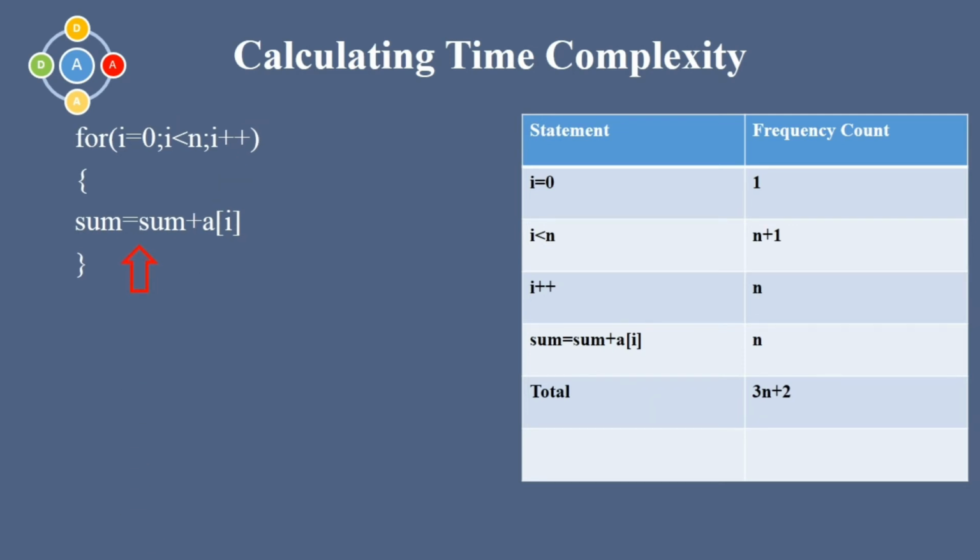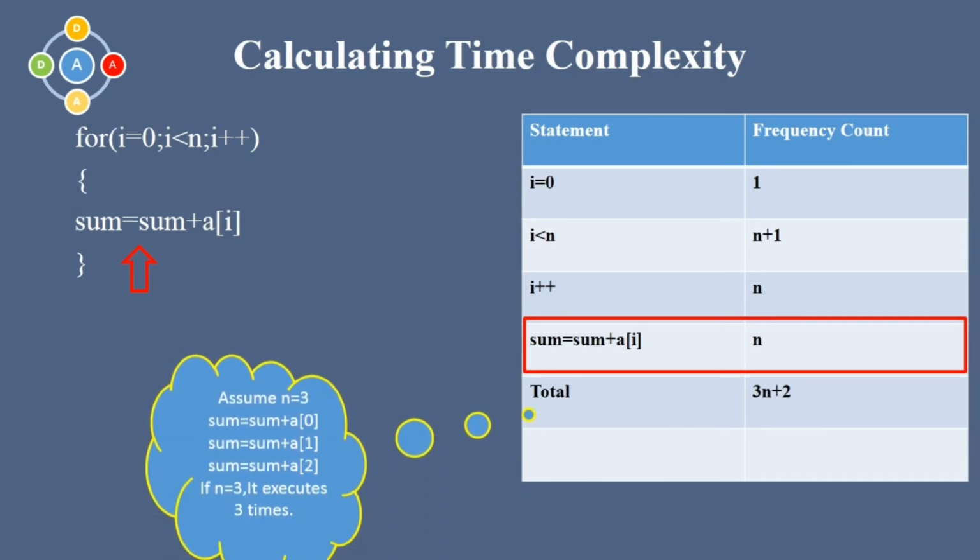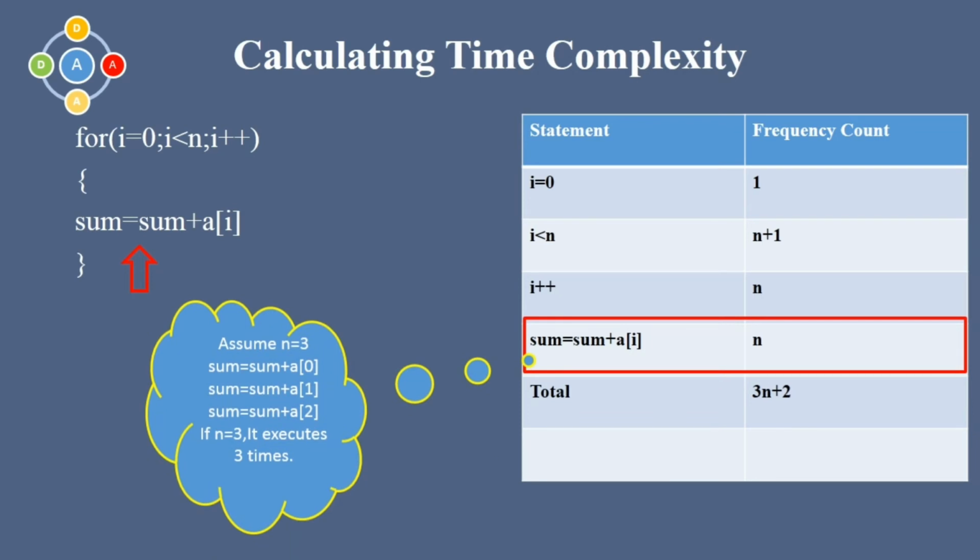Next we need to find the frequency count for the statement sum equal to sum plus a[i]. For this statement, the frequency count depends on the i value. We are calculating the sum till the i value is less than n. If i is equal to n, then the entire for loop is terminated. Assume n equal to 3.